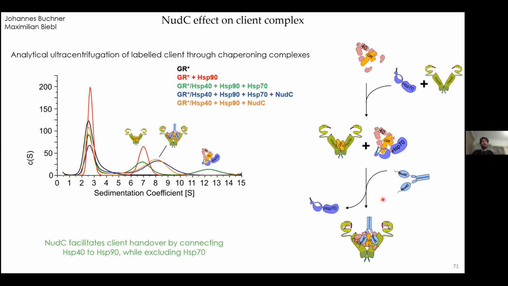Hsp70 gets excluded. Nazi is able to bind to Hsp40 and the client. And since Nazi is able to interact independently with Hsp90, it brings in Hsp90 and creates a full complex in which Nazi bridges Hsp40 to Hsp90 while still holding the client.